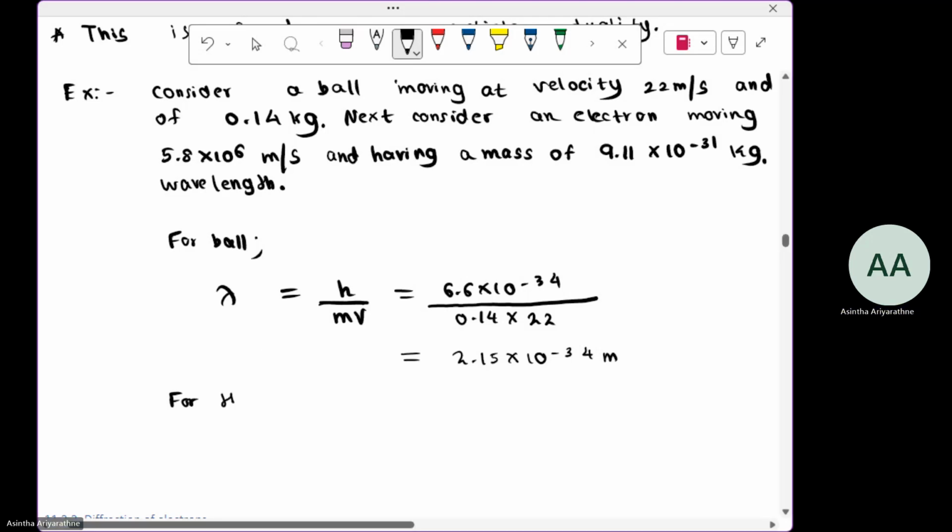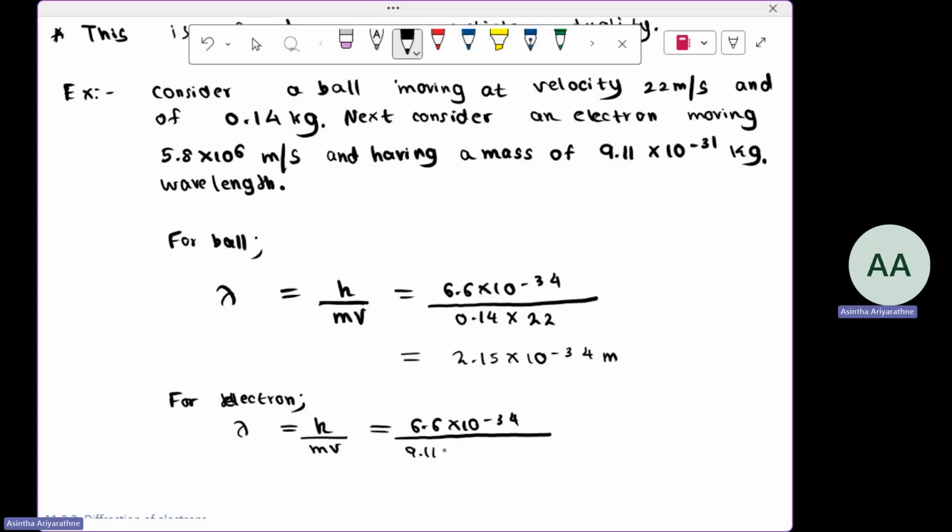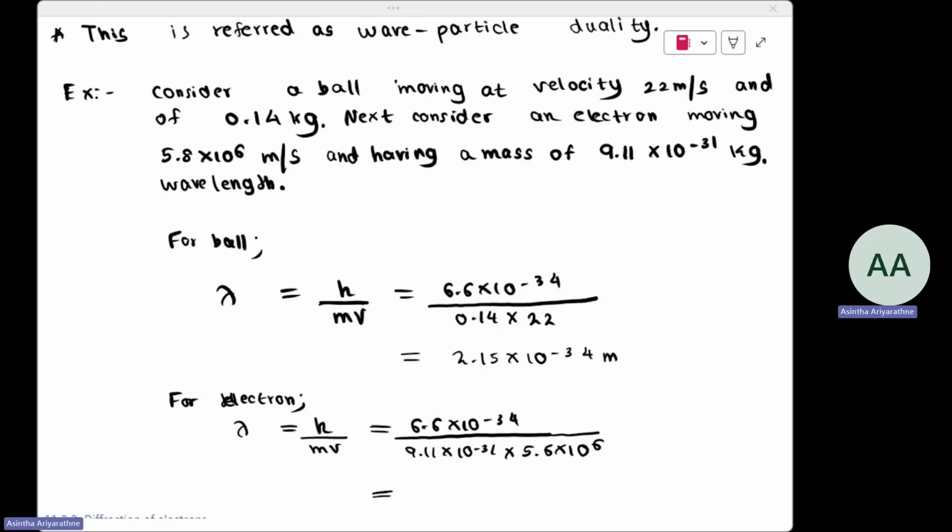For the electron, h over mv: 6.6 times 10 to the power minus 34 is the Planck constant, divided by the mass, 9.11 times 10 to the power minus 31, into 5.8 times 10 to the power 6.